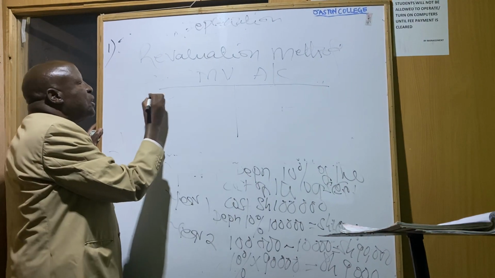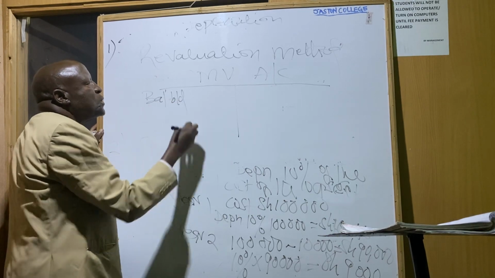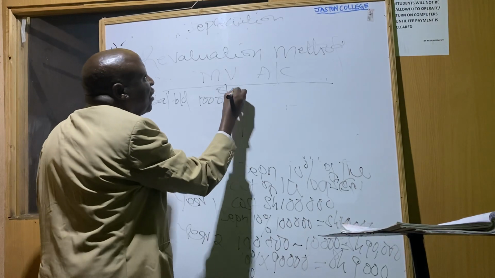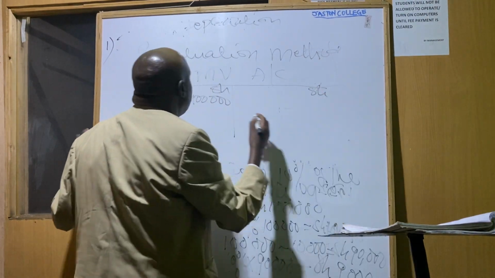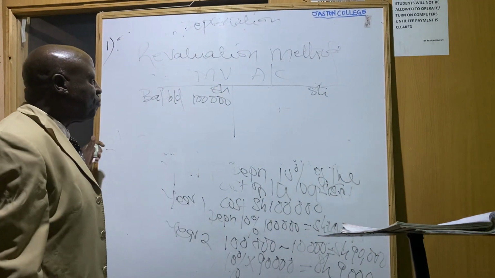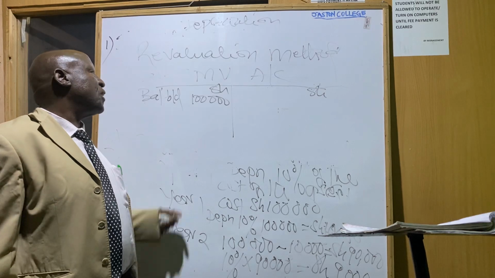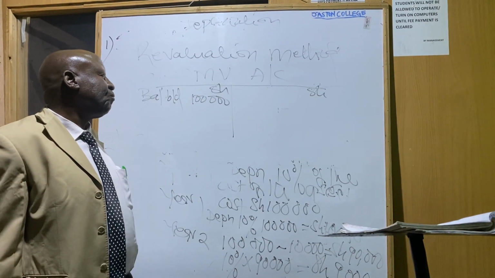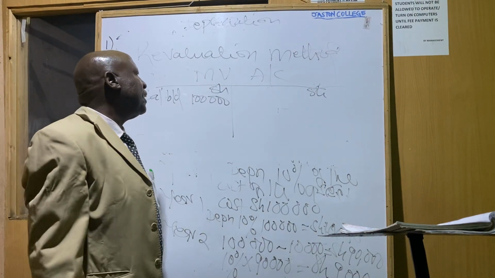If the cost was 100,000, but at the end of maybe 3 years, the valuers come and say, now this one is worth 40,000.